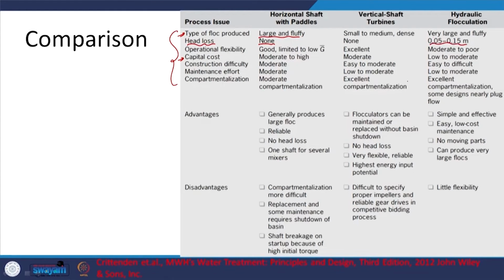These are the aspects you will need to consider to balance your requirements. Highest energy input potential: you can impart a lot of energy with the vertical shaft, so you have greater control, it looks like. We will not go into it in detail though.